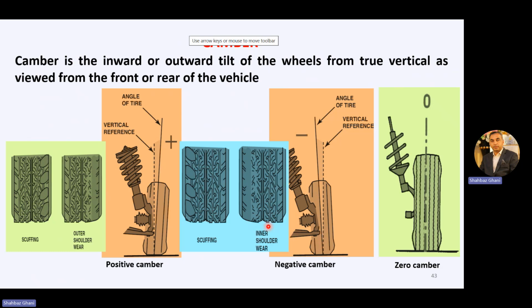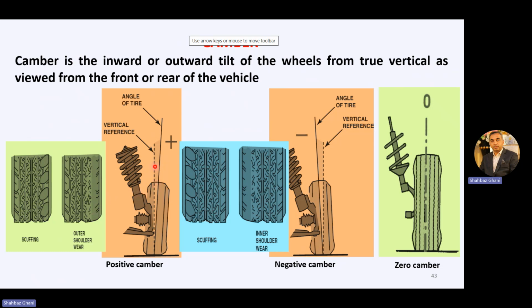When we have negative camber, we have inner shoulder wear in this portion and scuffing in this inner portion. Now, if you are viewing from the front, this is your vertical reference line, and the wheel is inclined towards the outside, then the angle made from the vertical reference line is known as positive camber.